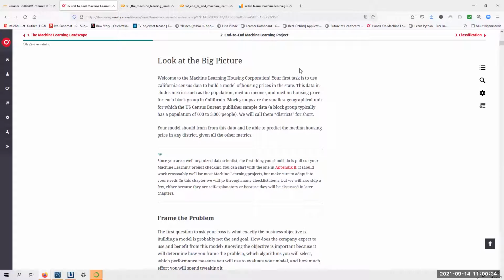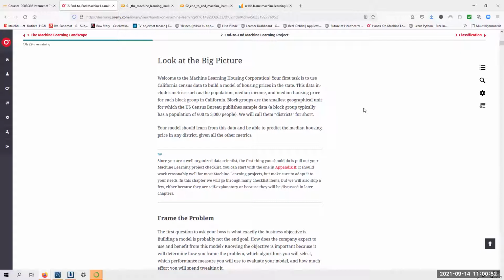So the task is to build a model of housing prices in California. This data includes such metrics as population, median income, and median house price for each block group in California.